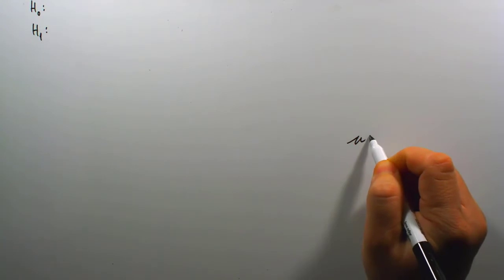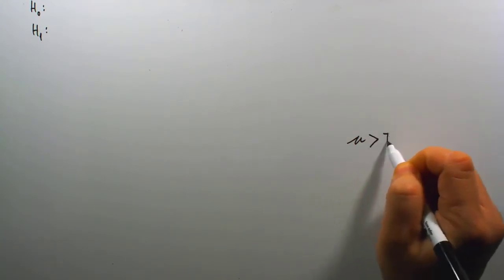So, a little bit of scratch work here again, that mean pulse rate is symbolically represented by the mu symbol because it's a population mean value. Mean pulse rate generally greater than 72 BPM.